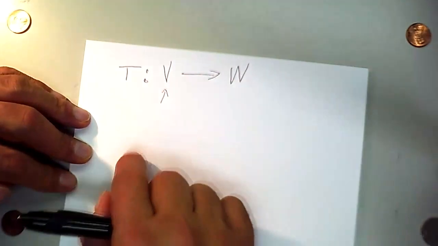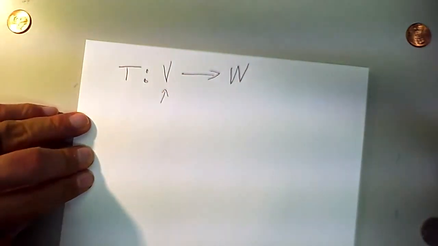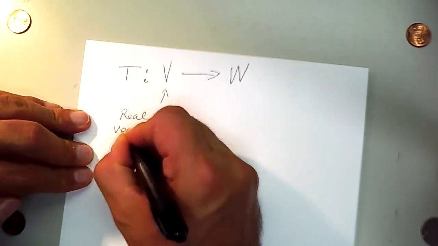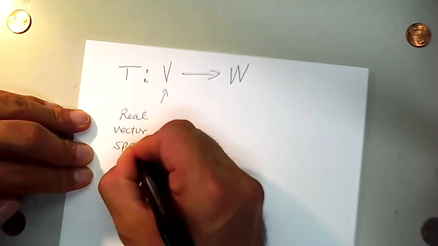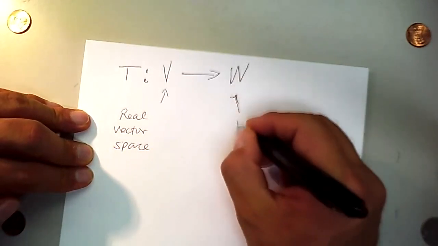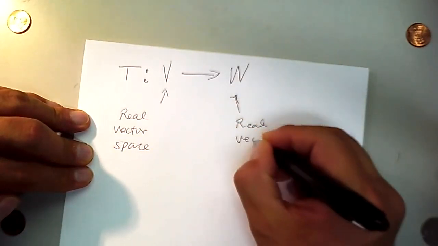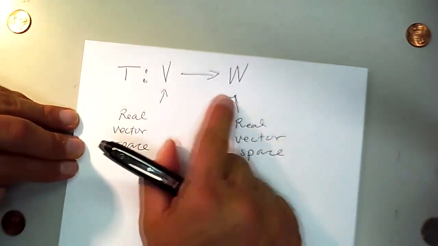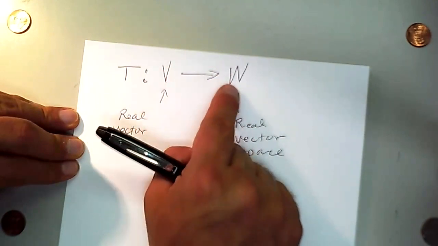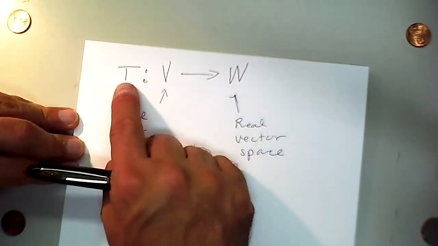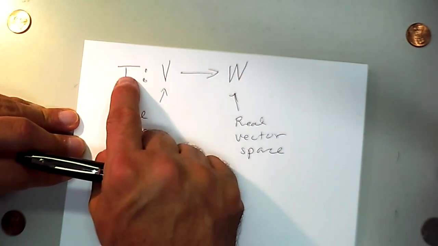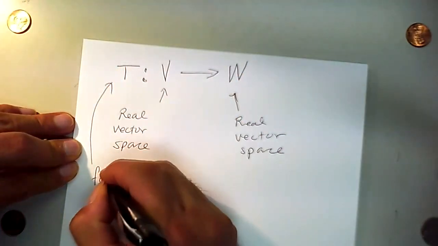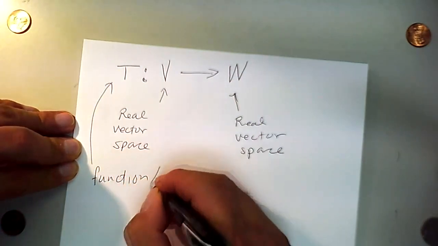That means that the scalars are going to be real numbers, a real vector space, and that is another real vector space. Now, when I say another, it could be the same. It could be a copy. This vector space could be a copy of this one. So this is the notation indicating that this is a function, or a map.